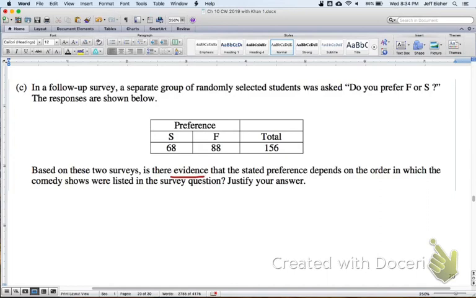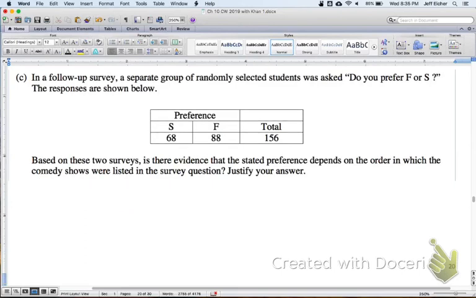So is there evidence? This is a significance test question. I guess you could argue you could use a confidence interval. But if we were to write hypotheses, the proportion who pick S minus the proportion who pick F would be equal. If there's no difference, it doesn't matter what order, then the proportions would be the same. Let me say that again. Said it wrong the first time.